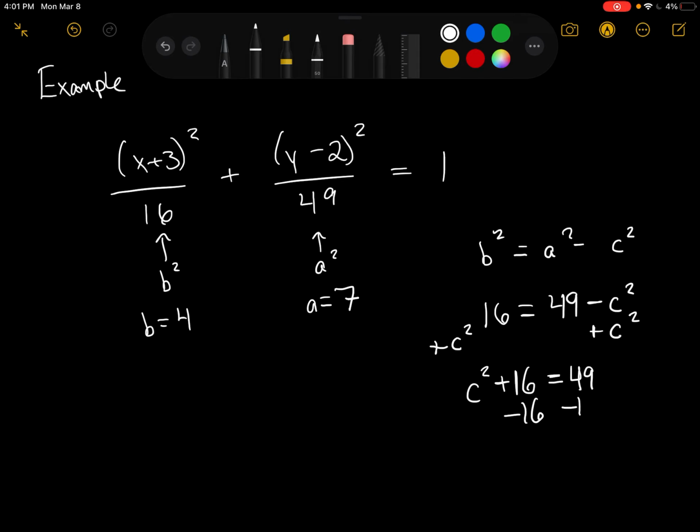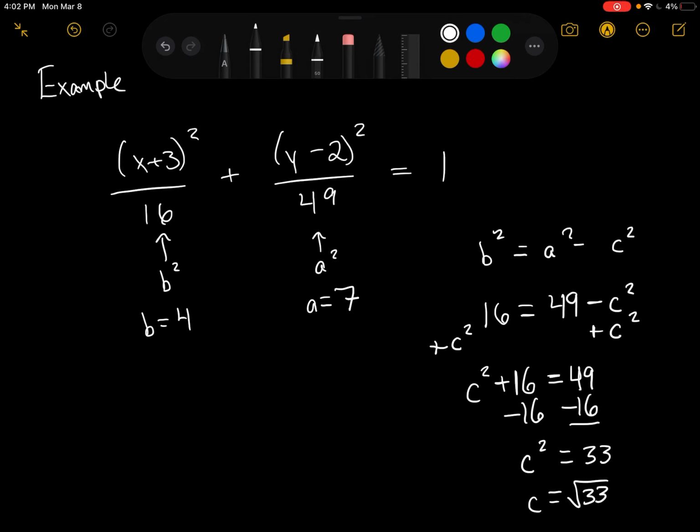Subtract 16. We'll end up with c squared equals 49 minus 16, or c squared equals 33. So c, in this case, is the root of 33. And if you want to leave that as a root, that's totally fine. If you want to abbreviate that as a decimal, that's also 100% okay as well.